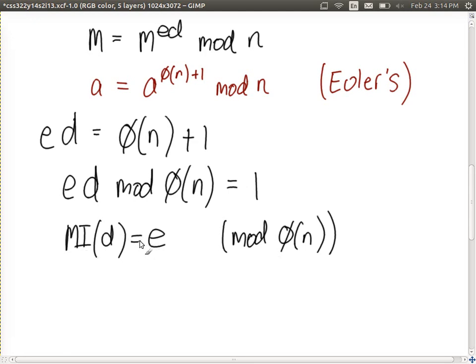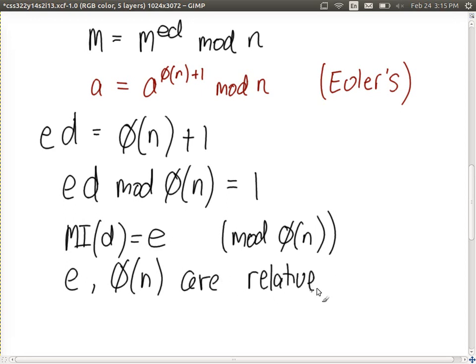When does a number have a multiplicative inverse? When that number is relatively prime to the totient of n. So our conditions are, we must choose an E which is relatively prime with the totient of n.